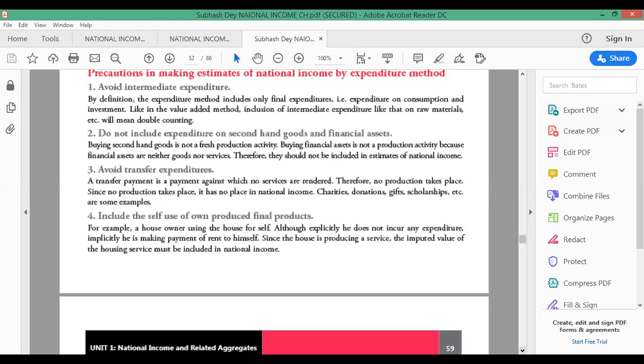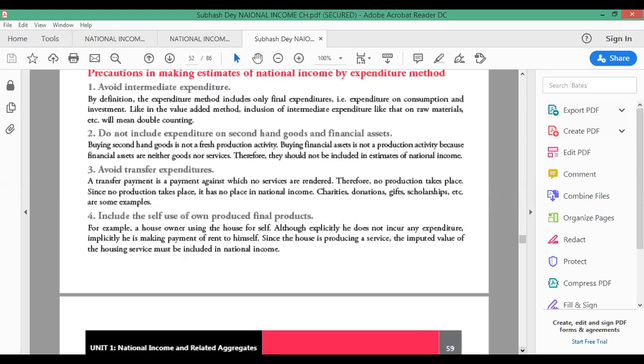Third is avoid transfer expenditures. You know, there are various transfer expenditures also which must be avoided. The transfer expenditures, like one of the expenditures which is in the form of a gift, or government's transfer expenditures like pension, scholarship, unemployment allowances, or otherwise charity expenditure or donation as a gift.